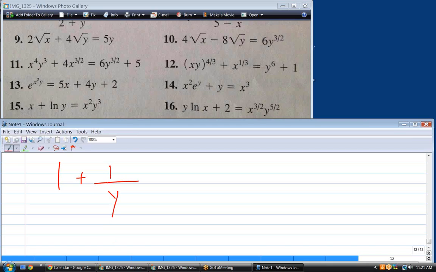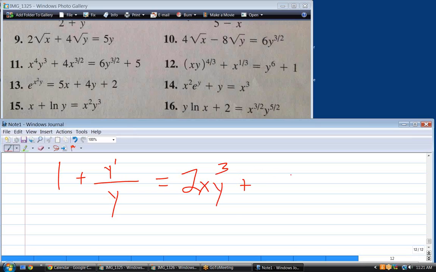Since we're differentiating y, what else do we need here? Y prime. Now the right side. It is 2x times y to the third. Good.